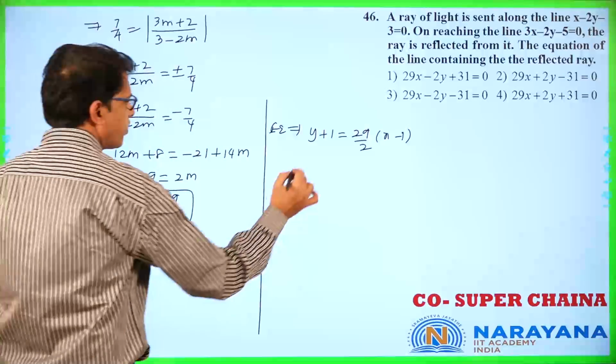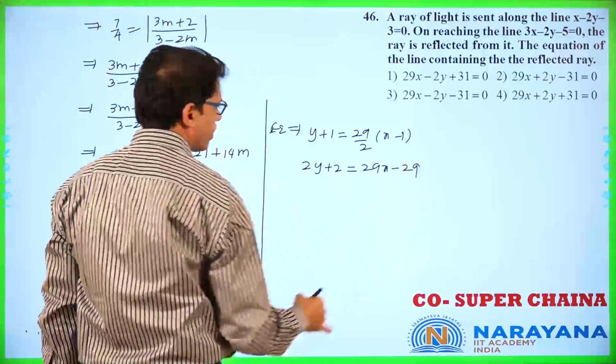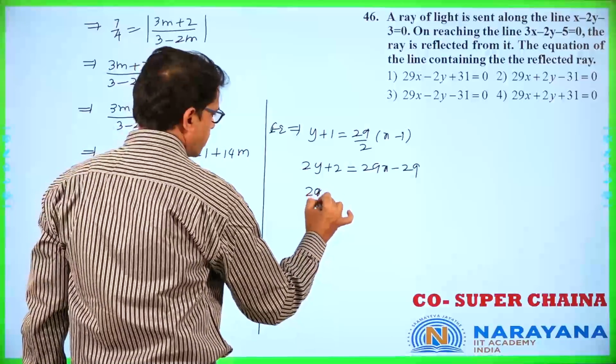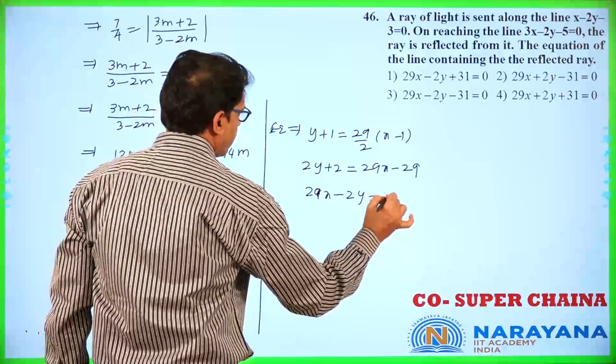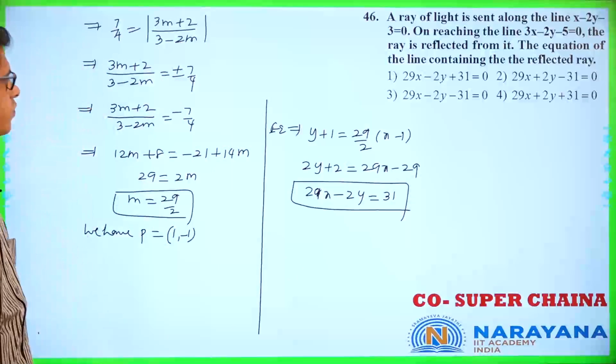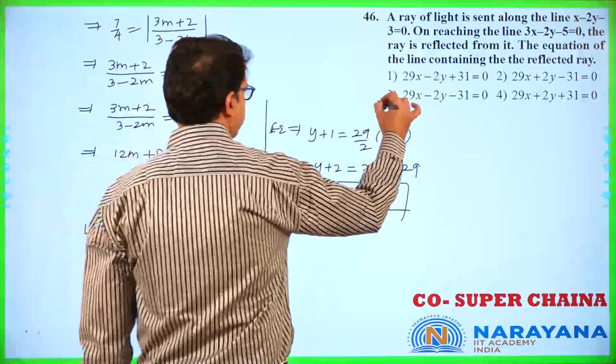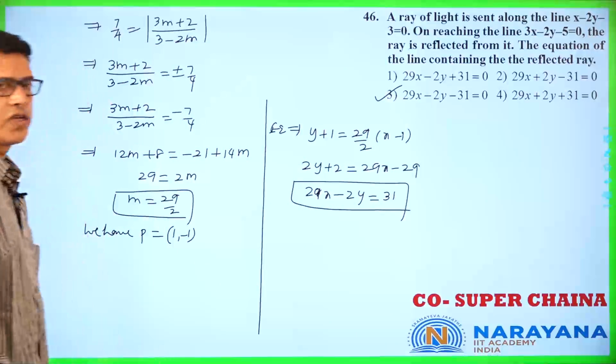That implies 2y plus 2 equals 29x minus 29. So 29x minus 2y equals 31. That is option 3: 29x minus 2y minus 31 equals 0.